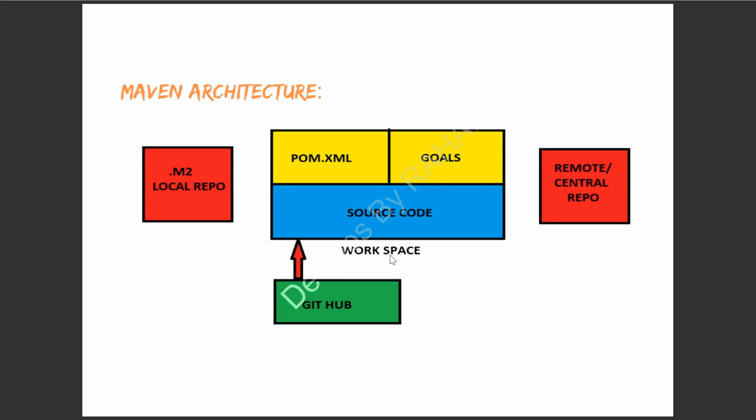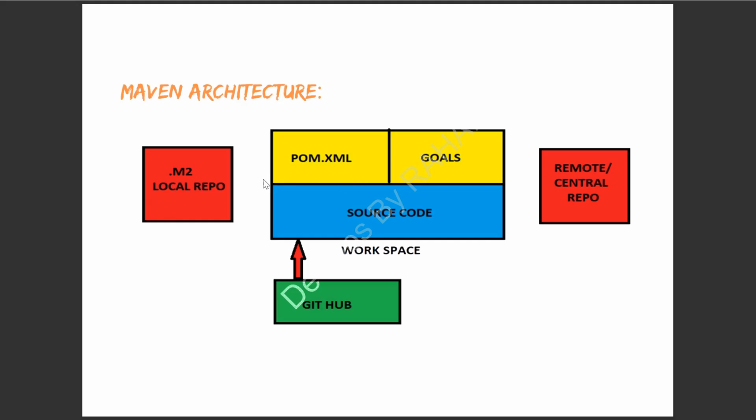From the workspace, if I want to compile the code, it will refer to the goal. Goal is nothing but a simple task. It will refer to the pom.xml, because the pom.xml consists of the metadata and compiler information.